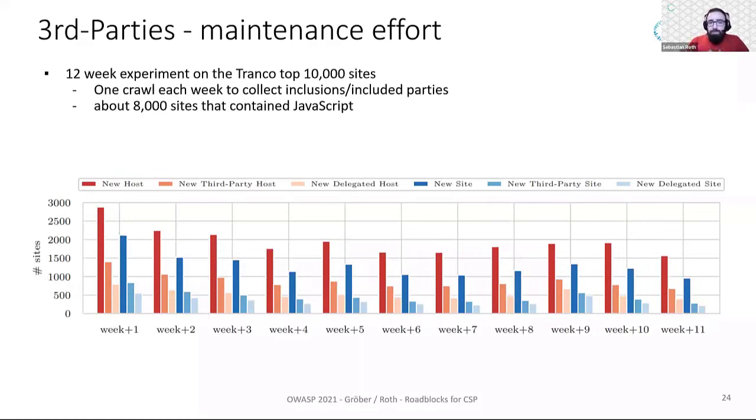After the first week, the researchers noticed that nearly 3,000 new hosts were added, approximately half of them originating from third-party inclusions. And even at the end of this 12-week-long experiment, more than 1,500 new hosts were added, which makes a CSP, a host-based CSP, very hard to maintain.